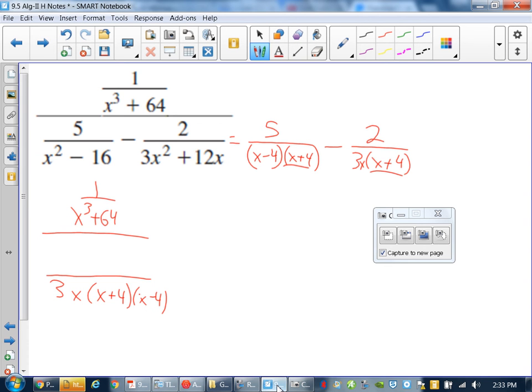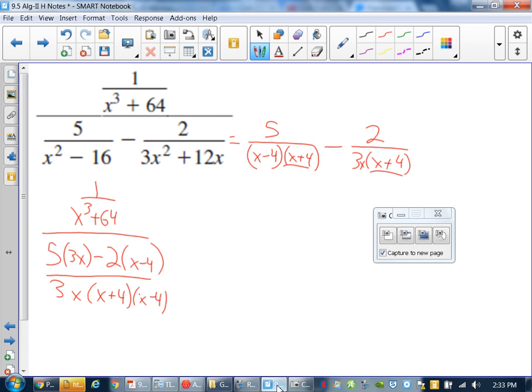That's all of the prime factors of that nasty looking denominator. And I do the same thing I did a minute ago. The 5 needs to be multiplied by what? 3x, very good. And the 2 needs to be multiplied by an x minus 4.